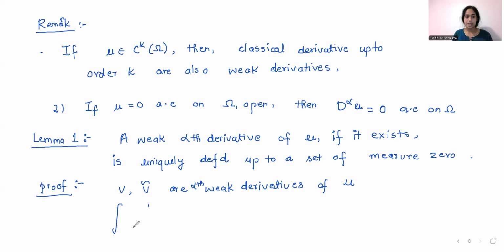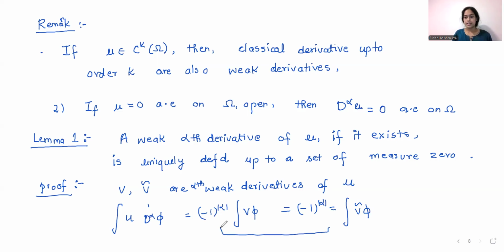Then by definition, the integral of u D^alpha phi is the same as (-1)^|alpha| the integral of v phi, and this is also the same as (-1)^|alpha| the integral of v tilde phi. So from these two, you can conclude that the integral of (v minus v tilde) phi is 0, and this is true for all compactly supported phi.